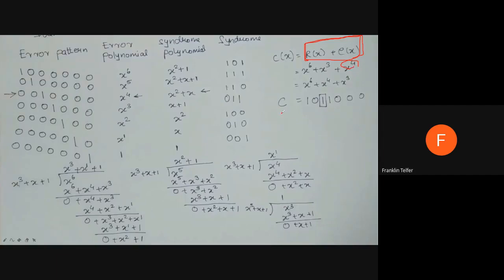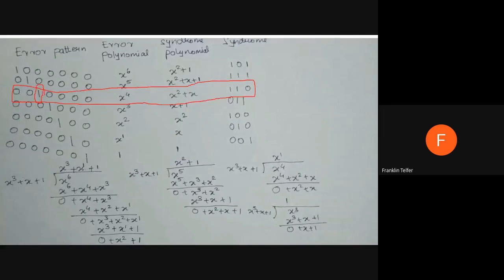So the corrected code pattern is: x power 5 is 0, x power 4 is 1, x power 3 is 1, x power 2 is 0, x power 1 is 0, and x power 0, you don't have any polynomial, so it's 0. So this is the corrected code word.